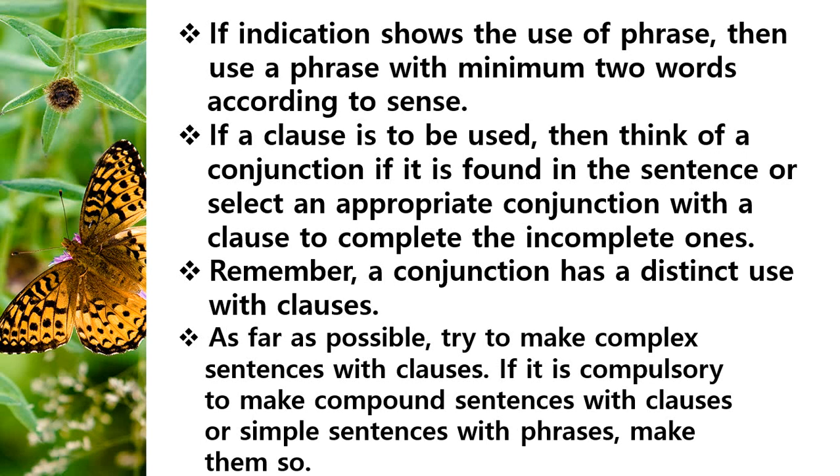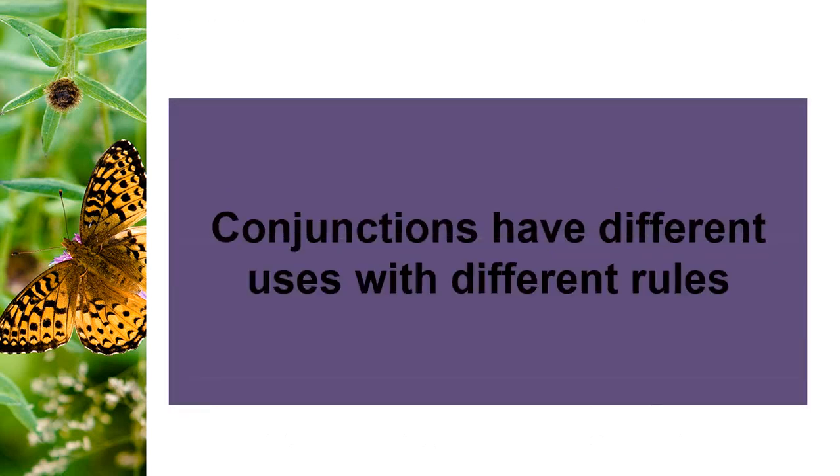As far as possible, we should keep in mind that we should try to complete the incomplete sentences with clauses and conjunctions to make complex sentences. If we are bound to make compound or simple sentence, then we have to do so. Conjunctions have different uses with different rules.